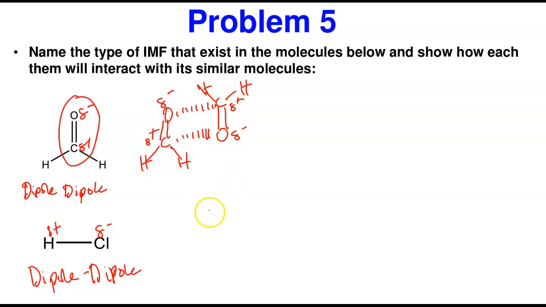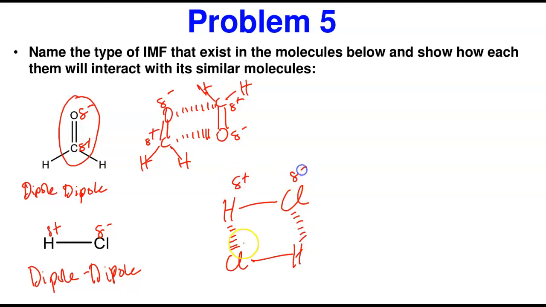And if I'm going to show that, what am I going to do? I'm just going to draw the first one. This will have to interact with another one this way, and this will have to interact with another one. So this is partial positive, partial negative, partial negative, partial positive. And this can also interact with another one here. There's a partial positive.